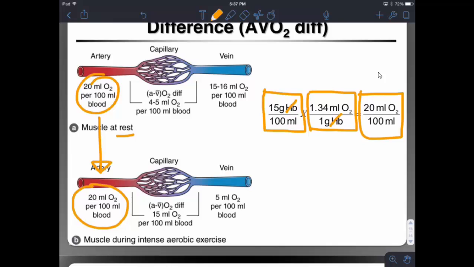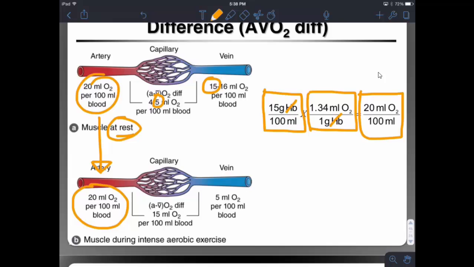And then what we see in the veins at rest is about 15 to 16 milliliters of oxygen. So let's just go with 15. If the oxygen in the veins was 15, that would mean that the AVO₂ difference was 5, right? 20 minus 15 is 5.